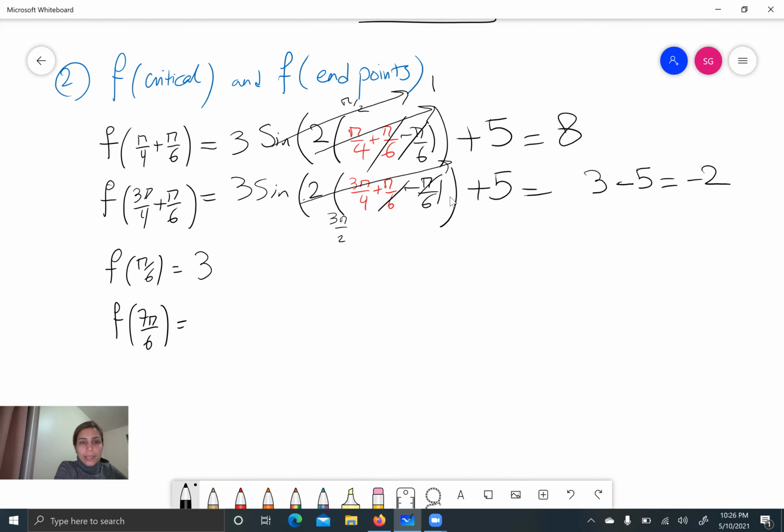Now here, 3 sine of 2 times the input value, which is pi over 6 minus pi over 6, plus 5. Okay, so this is going to be 0. Sine of 0 is 0, so it's going to be 5.